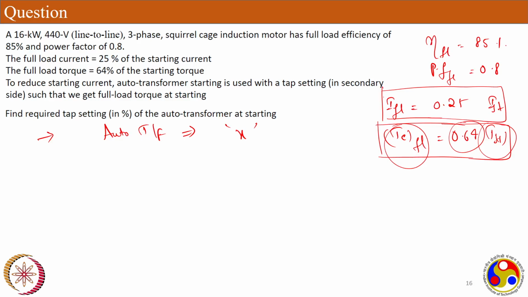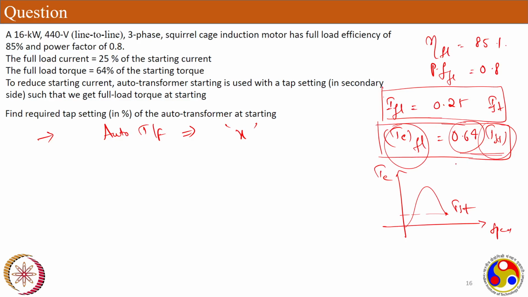So let's say this is the torque T and this is the speed. So if there is no starting method, you are getting some starting torque. When there is no starting method, your full load torque is 64% of the starting torque.